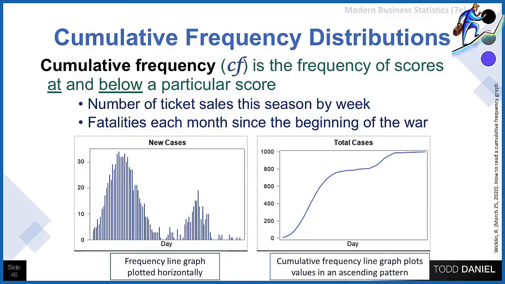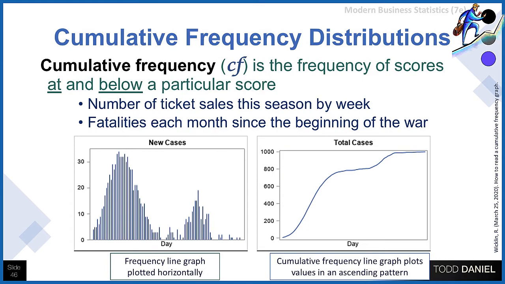For example, if we have a play coming up in 2 months and we're all trying to sell tickets, we might want to keep track of how many tickets have been sold by week, but we also want to know the total amount of tickets that have been sold so far. We want a cumulative frequency.